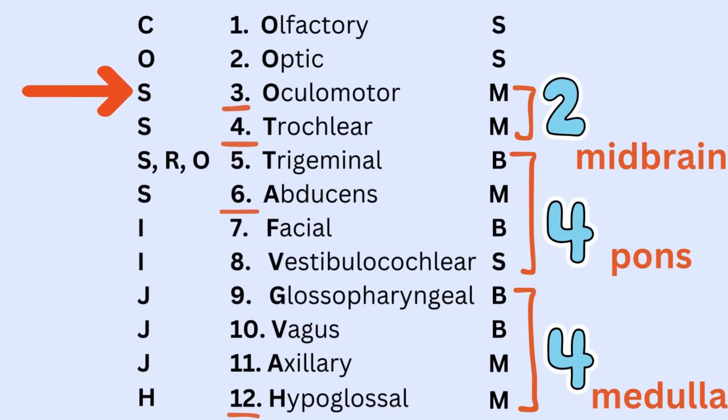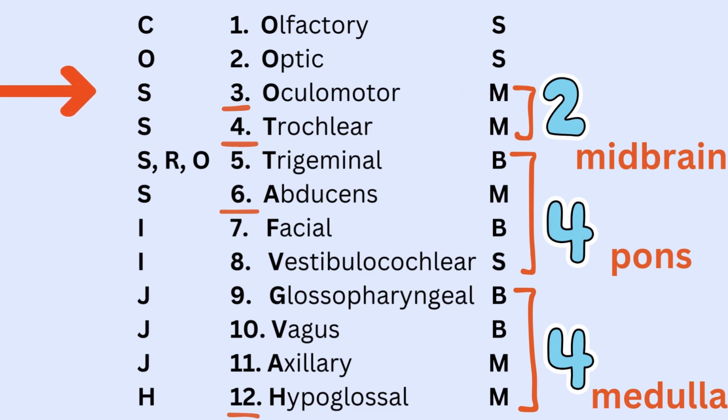At this point, I would probably draw out this entire schematic that we've covered here. I know that we're talking about a cranial nerve that is involved in most of the motor functions of the eye, which is cranial nerve number 3, oculomotor nerve. Oculomotor nerve, like the name suggests, is a motor nerve. I know that it is found within the midbrain because it is cranial nerve number 3, and we know 3 and 4 are found within the midbrain.